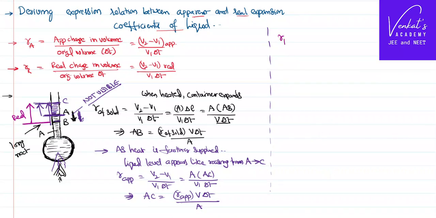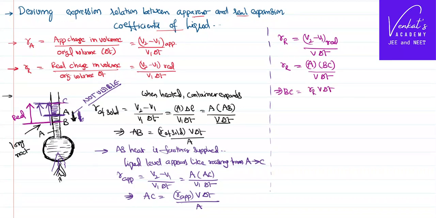So you can write gamma R, the real expansion coefficient of the liquid, as real change in the volume by original volume for delta T. Real change in the volume can be written as area of cross section into the real change in the length of the liquid in the container, that is BC, by V and delta T, is gamma R. From this you can write BC as gamma real into V into delta T by area of cross section.